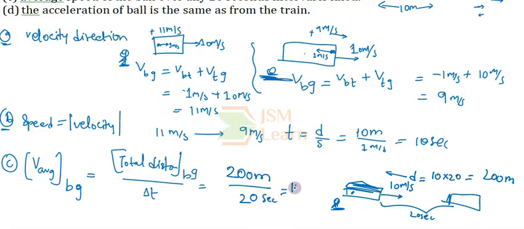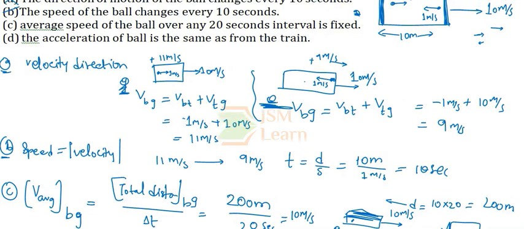So we get 10 meters per second. It means the average speed of the ball is again a fixed, constant value of 10 meters per second. So we can say that the average speed of the ball over the 20 seconds time interval is fixed.